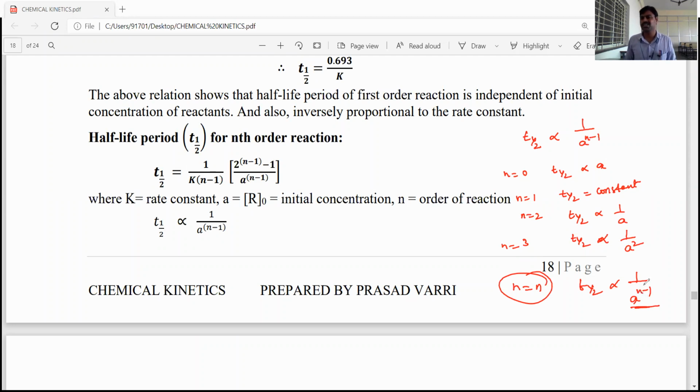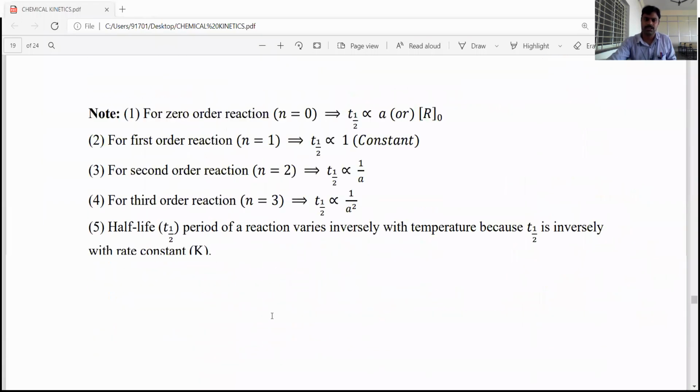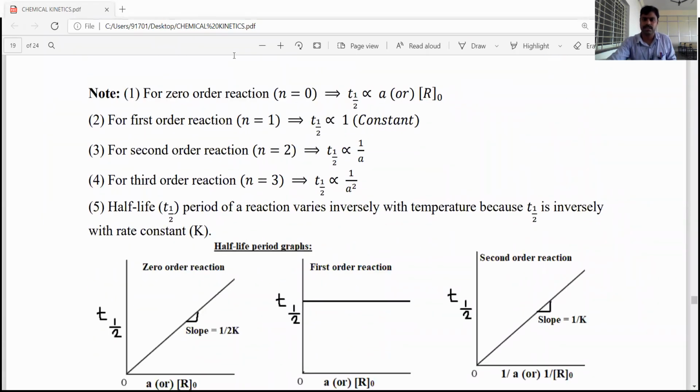By using this relation, we can find out the order of the reaction. If the half-life periods are given, we can find out the order of the reaction, dear students. Let's see the next concept; these are all very, very important. The half-life period for nth order reaction is directly proportional to 1 by A to the power of n minus 1.